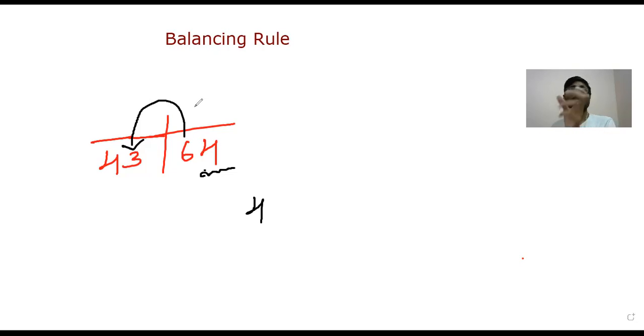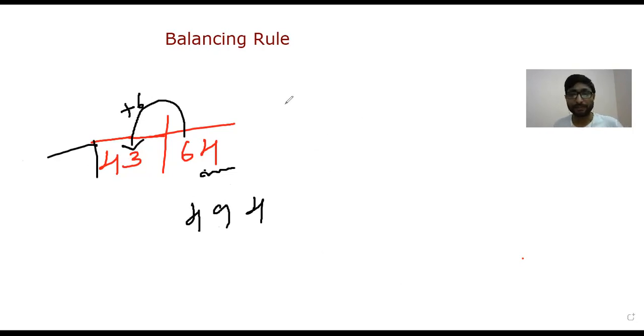So 4 is the answer, 6 is carried forward. 6 plus 43, 49. There is no next number, so 49 is the answer.